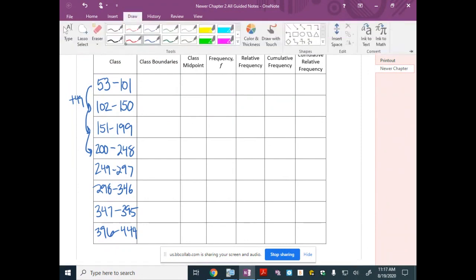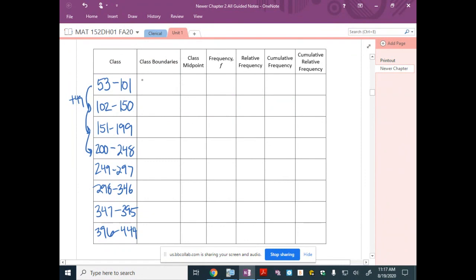So the class boundaries, we would go from 52.5 to 101.5. Now, I'm not going to make you write out all these class boundaries, but basically, 395.5 to 444.5. The distance between boundaries is how much?